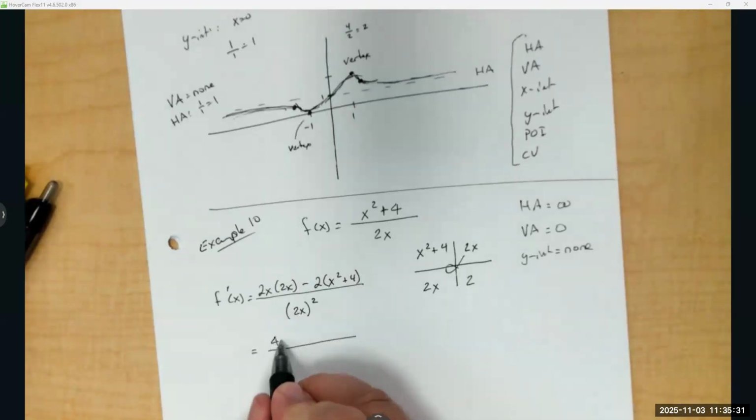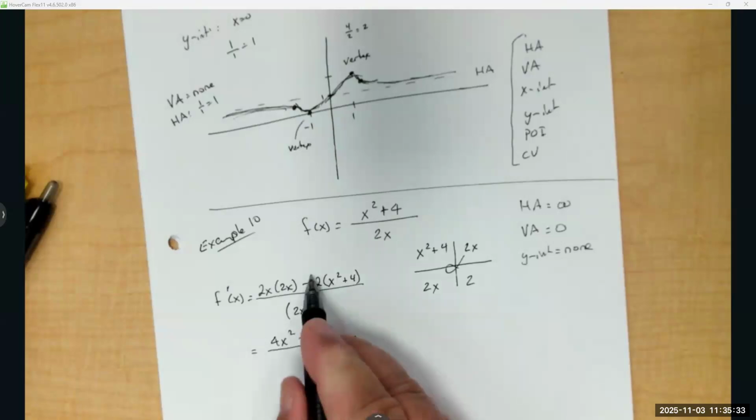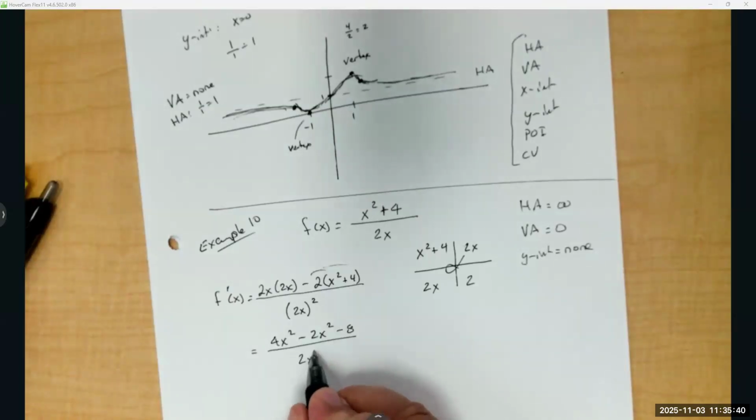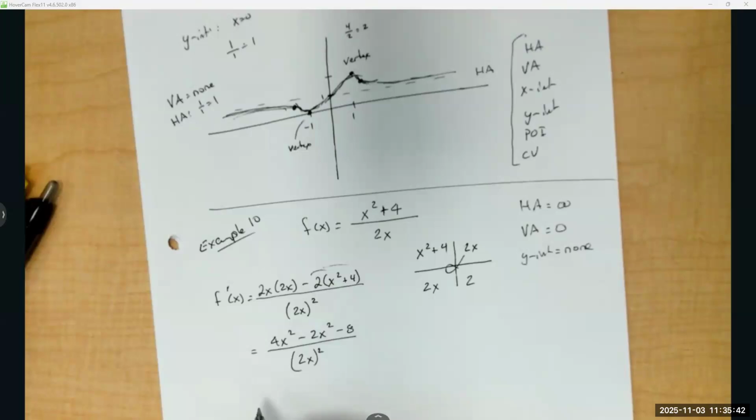So we have 4x squared minus 2x squared minus 8. Four x squared minus 2x squared is 2x squared minus 8.